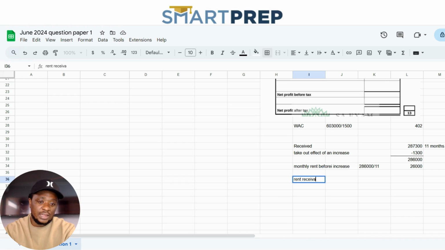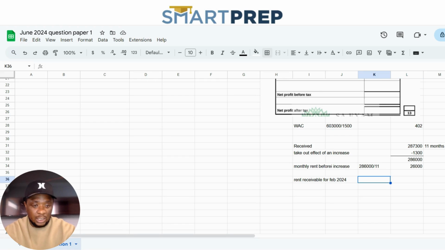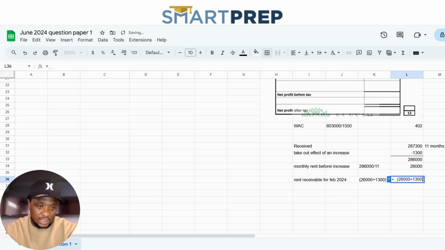But then the rent receivable, because remember that this rent is still receivable for February 2024, includes the increase now, so it's going to be 26,000, which is the rent we were being paid before there was an increase, plus that increase of 1,300. And so our rent receivable is going to be 27,300.